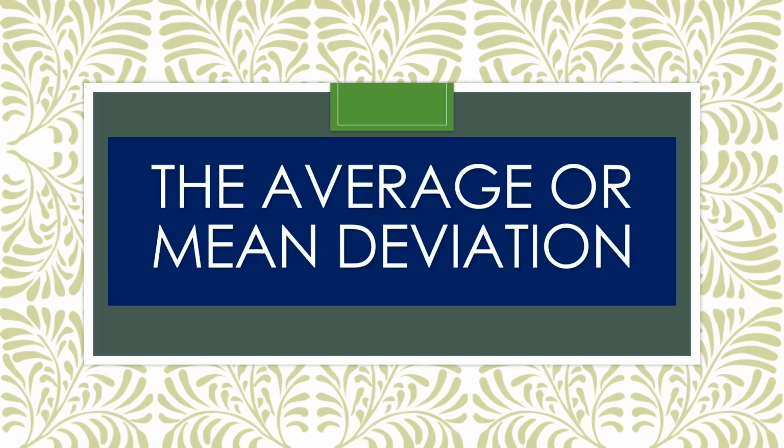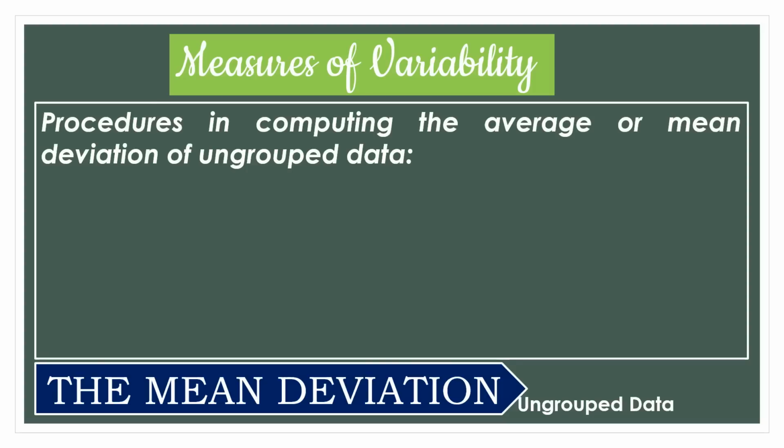Now, for average or mean deviation, this is our second measure of variability. First, let us deal with ungrouped data, or the mean deviation of ungrouped data. So we have here a procedure.